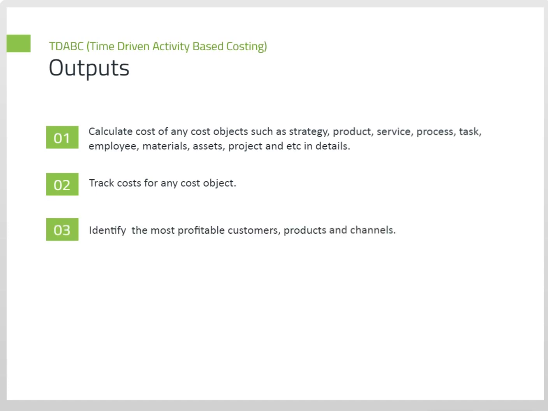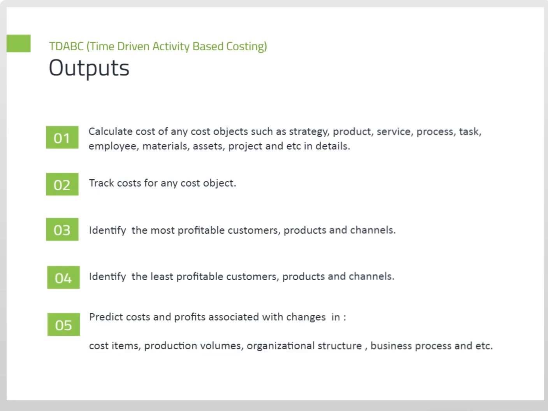Identify the most profitable customers, products, and channels. Identify the least profitable customers, products, and channels. Predict costs and profits associated with changes in cost items, production volumes, organizational structure, business process, and etc. It helps managers to identify the root causes of poor financial performance.